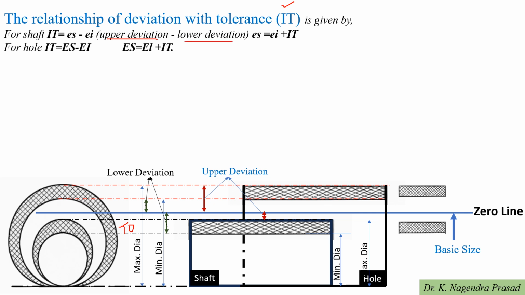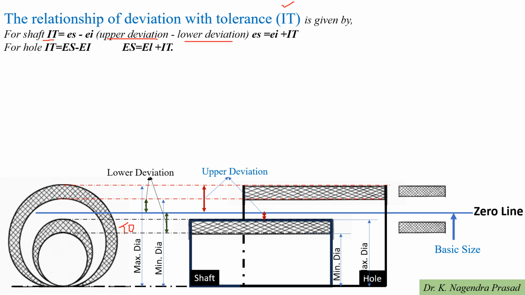So first we have to see the relation for the tolerance and the deviations. We know tolerance IT equals upper deviation minus lower deviation. We know that the upper deviation is represented by ES and lower deviation is represented by EI. For the shaft we are using the smaller letters, and for the hole we are using the capital letters.